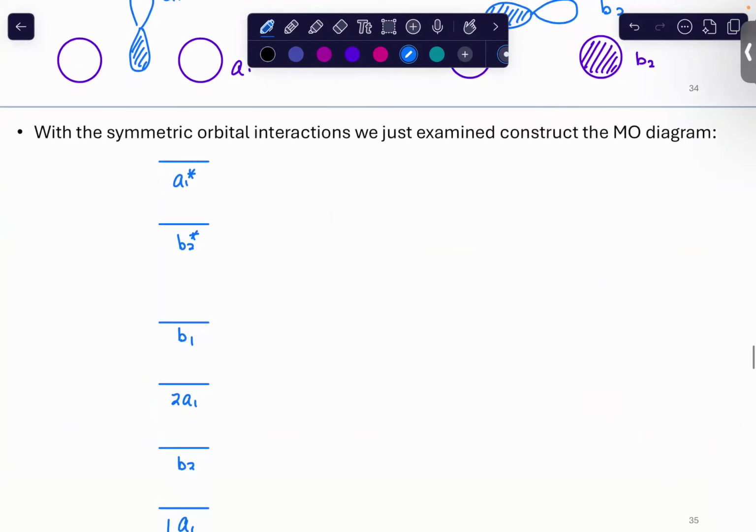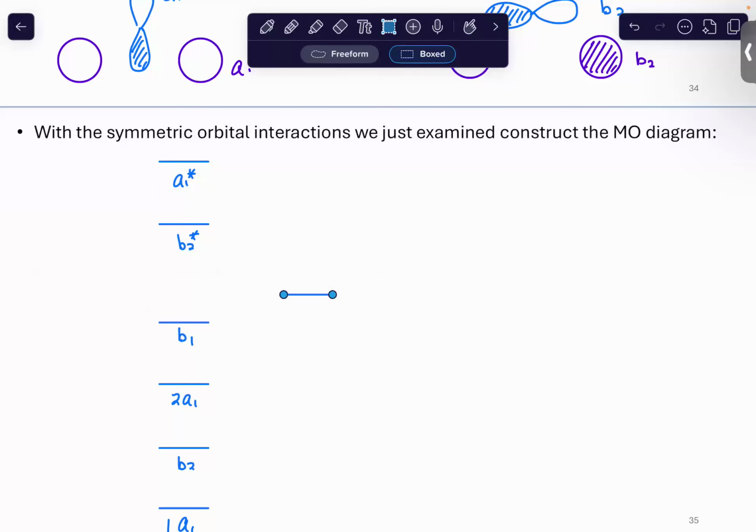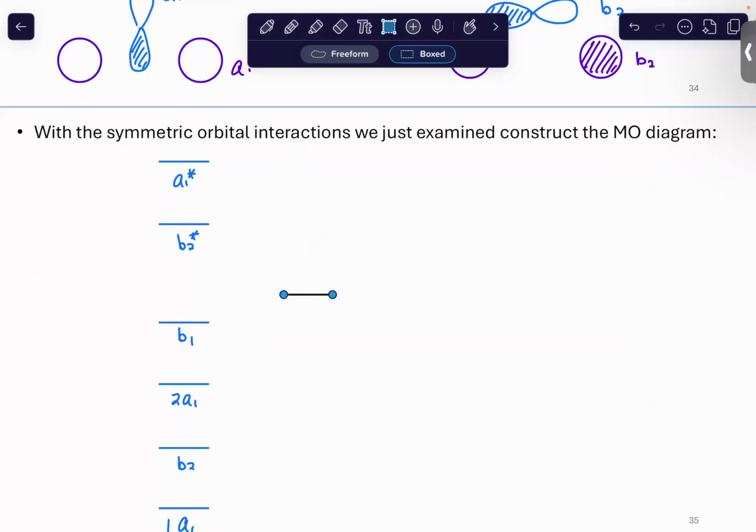All right, now let's look at the orbitals from each. So, all right. Okay, so out here, where is this going to be? Kind of down here next to B1.